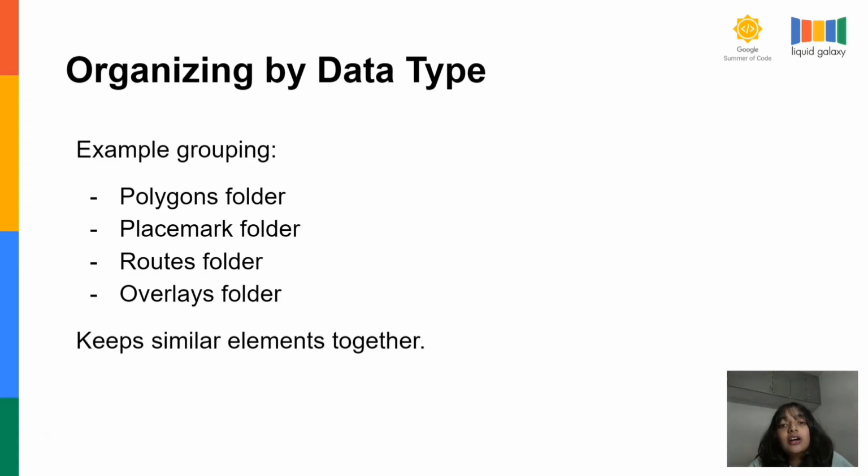In KML, you often use style maps and shared styles. If all your highways are in one folder, you can apply a global style change to that entire folder's content much more easily. During the development phase, this organization saves you hours of work.